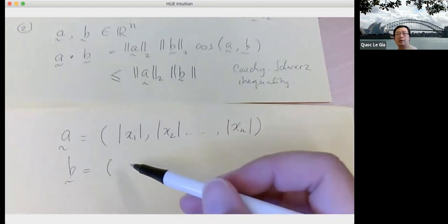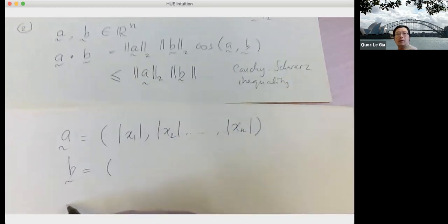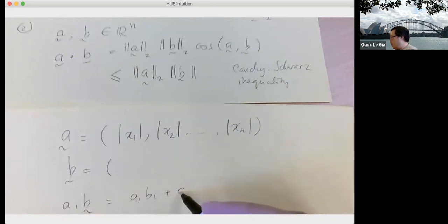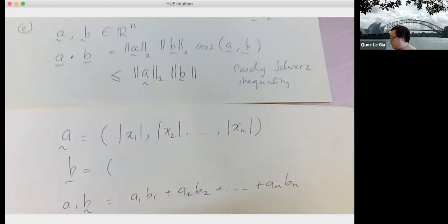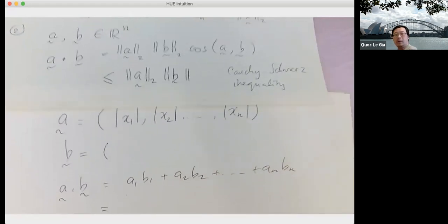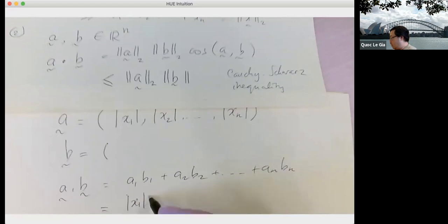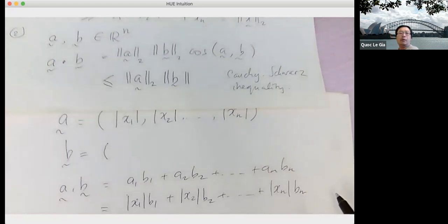Anyone? Remember A dot B is just equal to A1 B1 plus A2 B2 up to An Bn. If I choose A1 to be the absolute value of x1, then I have x1 B1, x2 B2, up to xn Bn.